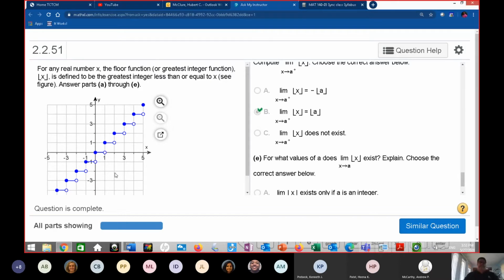This is not a test question. This is called the function of the greatest integer. Write that down.